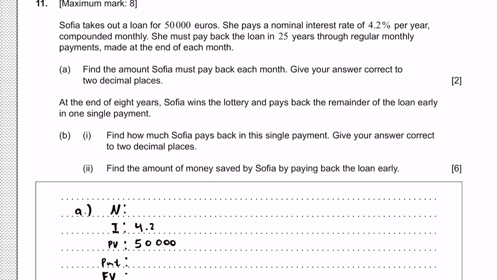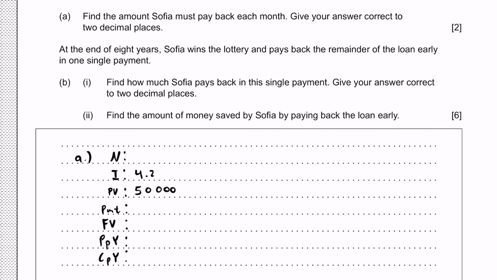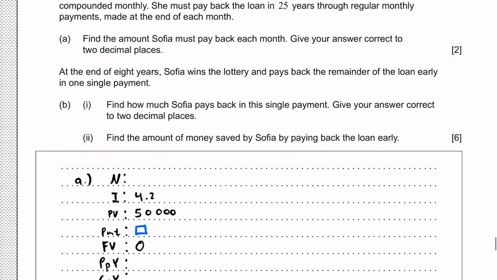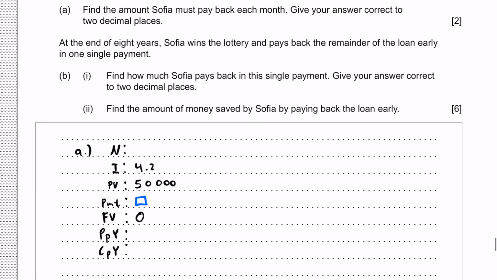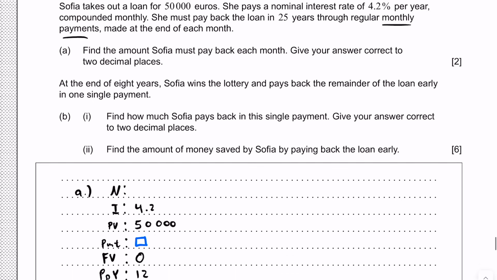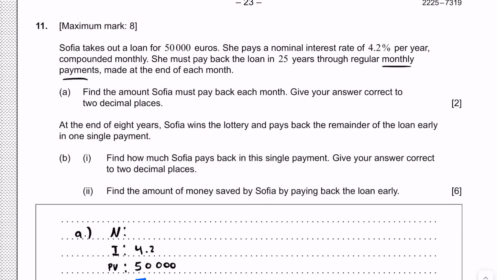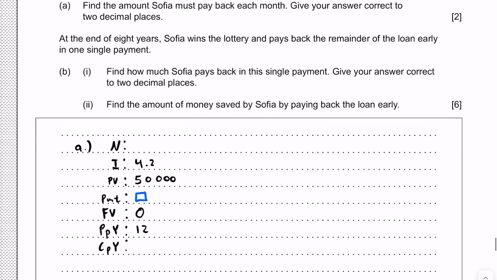We don't actually know how much she's going to pay, so let's leave this empty. The final value, in this case, she wants to pay off this loan, so in the end, the final value of the loan goes to 0. Payments per year, she's making regular monthly payments. So in this case, there are 12 payments per year, and it is compounded monthly.